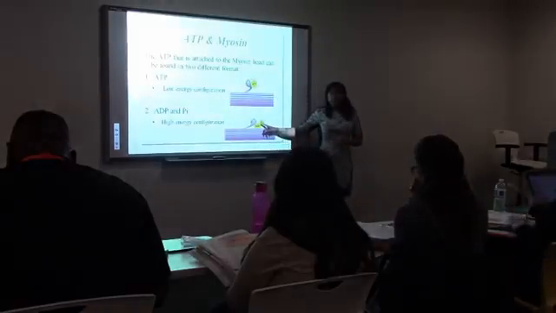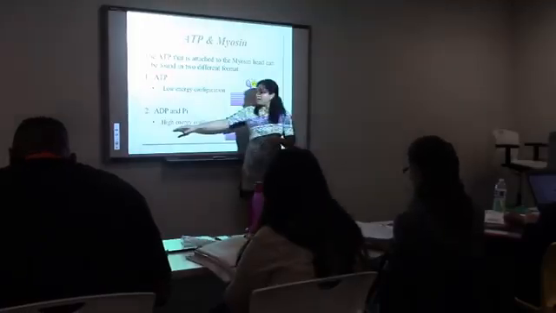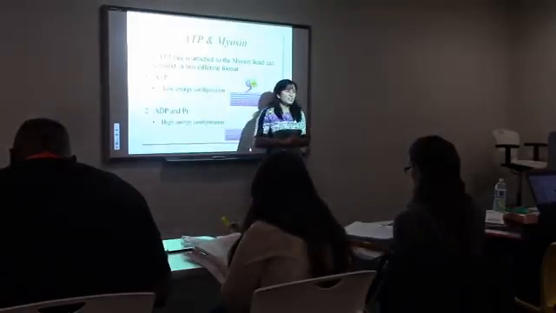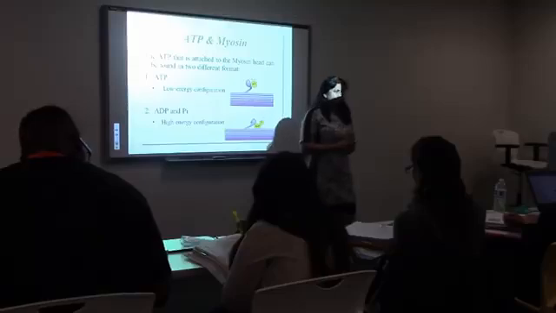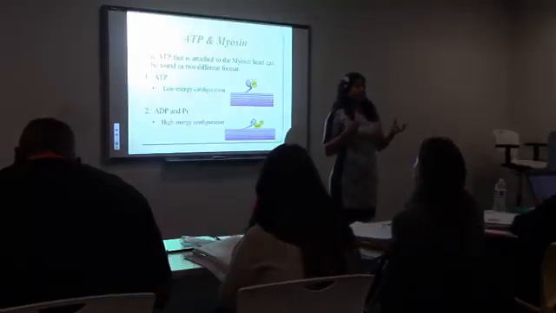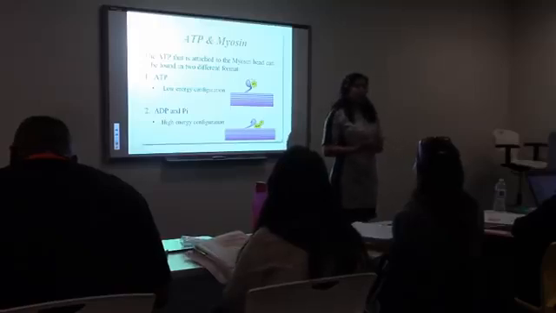Or ATP can be bound as ADP and Pi. When it's bound in this way, we say myosin is in high energy configuration. Doesn't that sound weird? Why do you think it's that way? Why is it that ATP is considered low energy, where ADP and Pi is considered high energy?